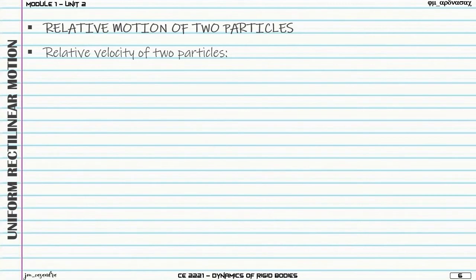So to understand the relative velocity of two particles, specifically the sign conventions, let us look at these diagrams. As you can see, whatever the positions of A and B, as long as B is moving to the right direction or to the positive direction, then it means that the relative velocity of B with respect to A will be a positive value.